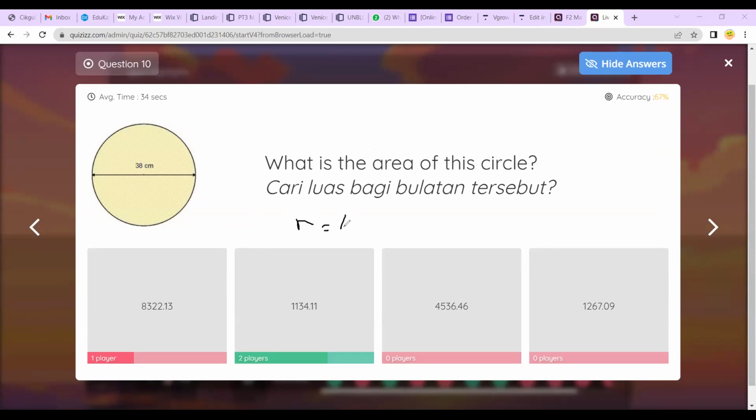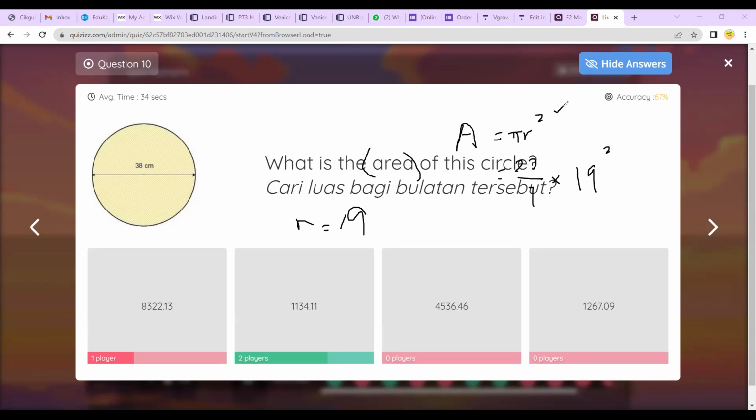So it's 19, right? So when we want to find area, what to find here? Area of the circle. Formula, write down the equation. A equal to pi r squared. So what do we substitute? 22/7 times 19 squared. Key in calculator, you will get the answer.